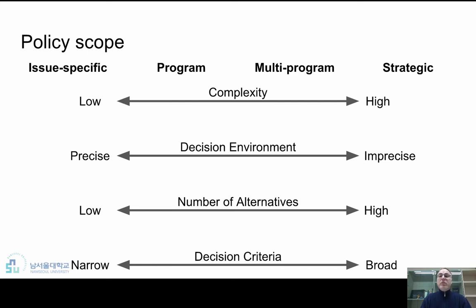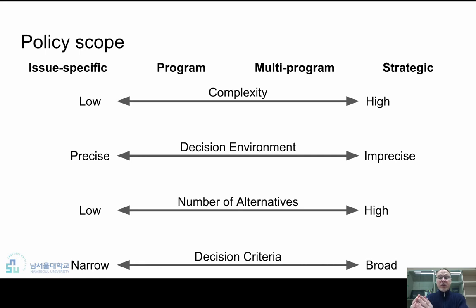Continuing to look at the difference between policy scope, we went through all of these in class. Let me just pick out a couple of simple examples. Number of alternatives. When you're looking at a small issue-specific policy, there's not a need to have a high number of alternative solutions. A low number of solutions will probably provide a solution that is sufficient and strong enough to solve the policy problem.